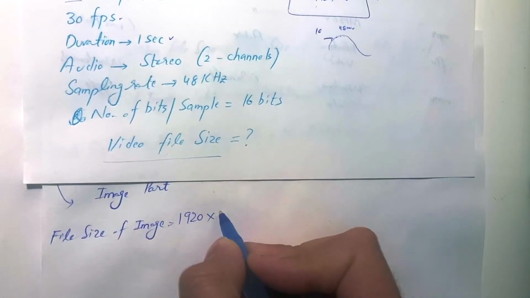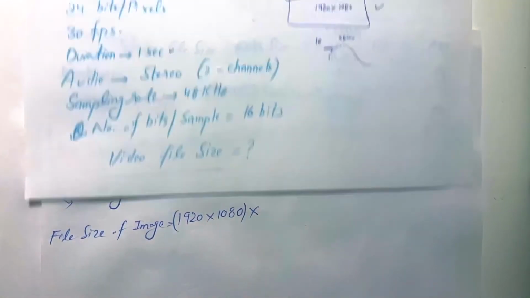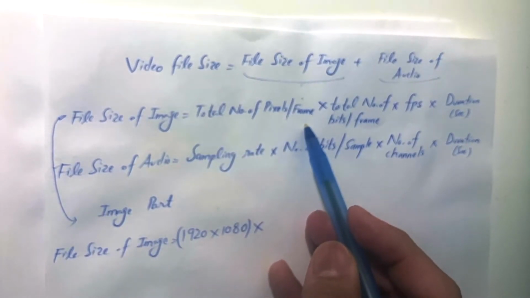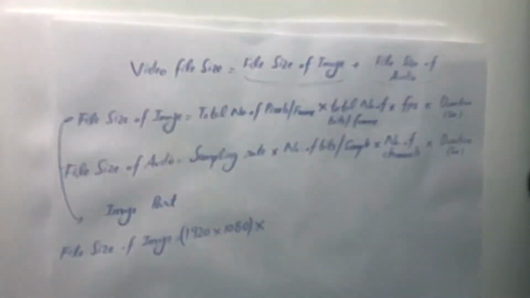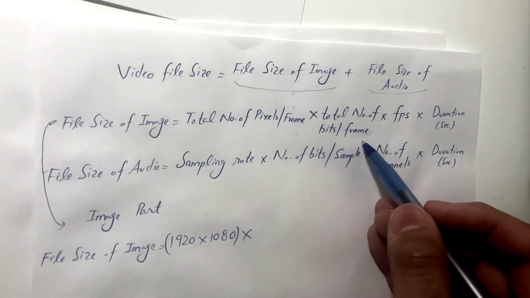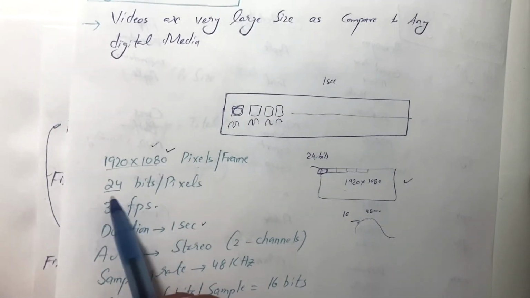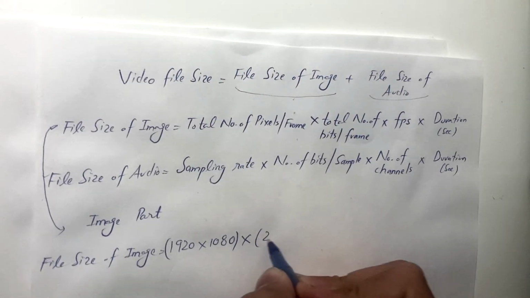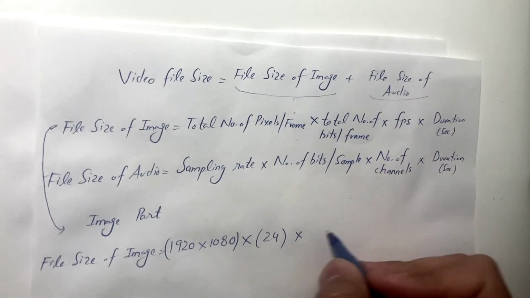Next is the total number of bits per pixel, which is also given, 24 bits per pixel, so we multiply by 24, then multiply by FPS, frames per second, which is 30.